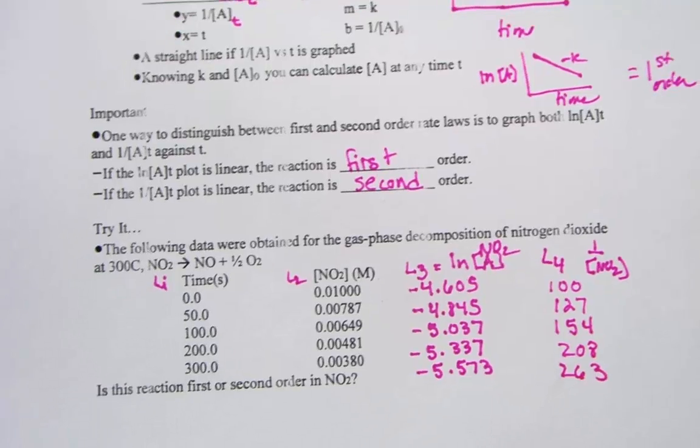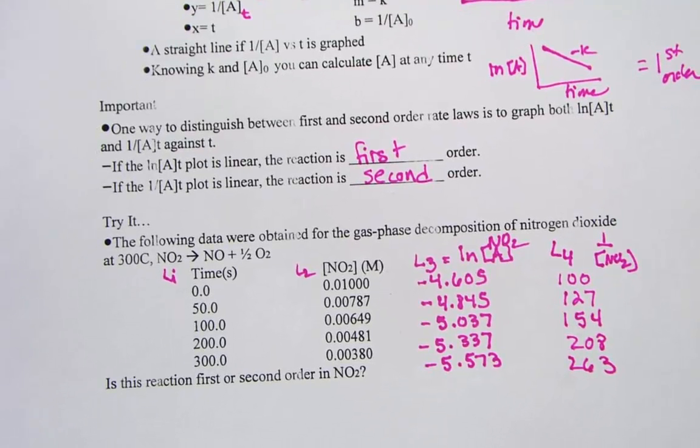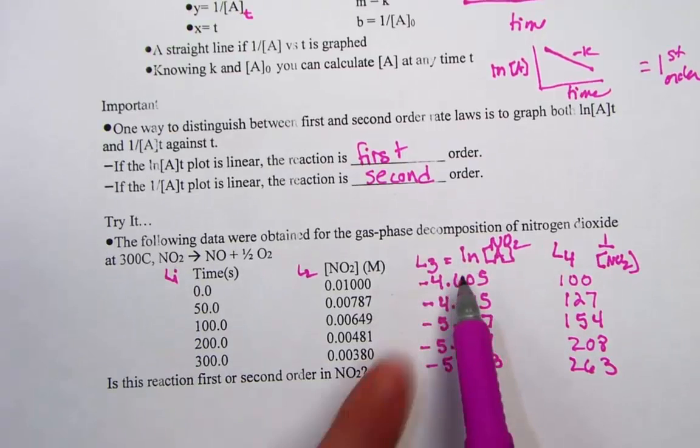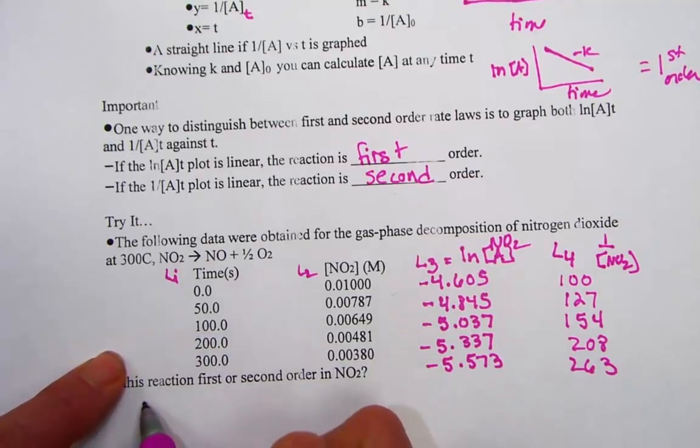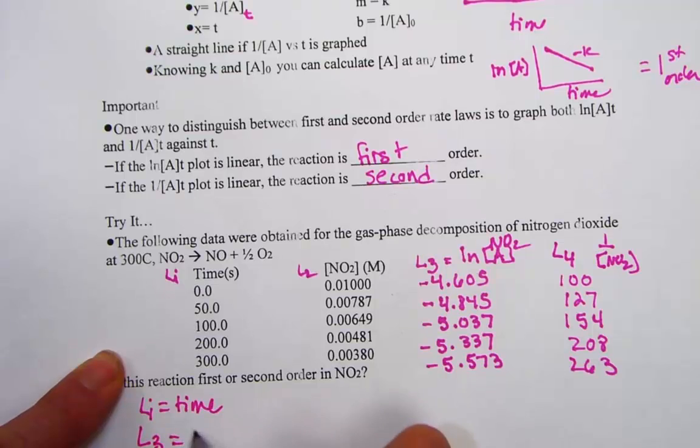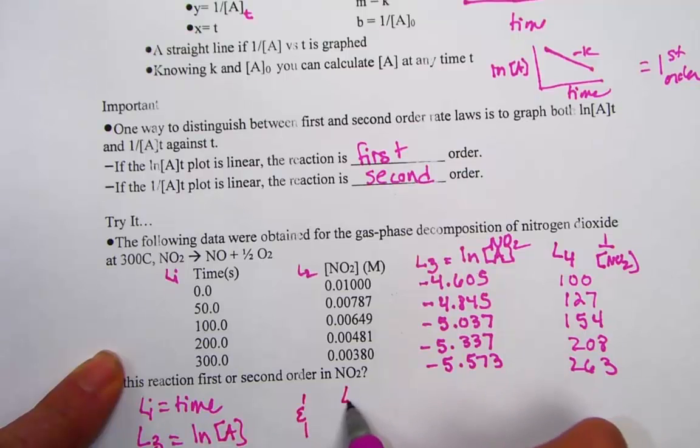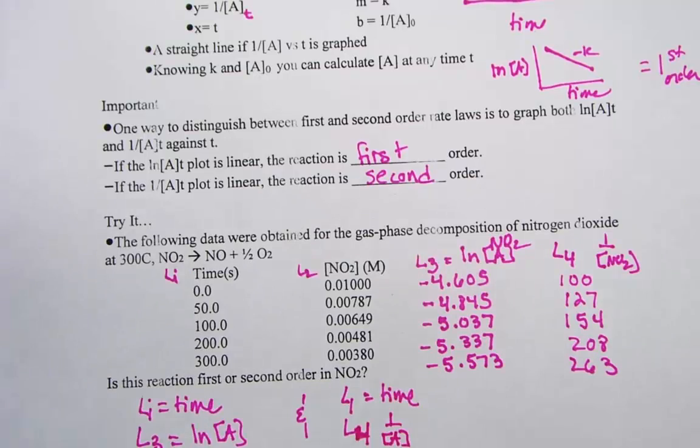We need to find the best straight line, y equals mx plus b. What we're looking for is, with the x-axis in list 1 as time, list 3 as the natural log of our concentration, and then again list 1 as time, list 4 as the reciprocal of our concentration. We need to plot those in a graph and find the best straight line.